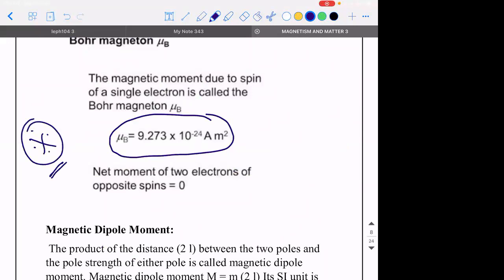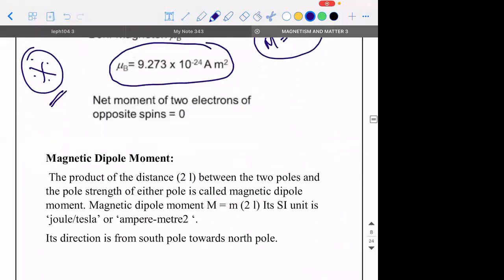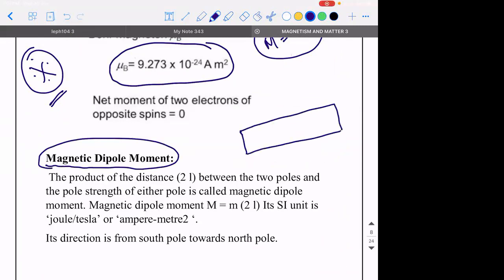Till now, whatever I discussed is the magnetic dipole moment in terms of current. I just want to give you one last point before we wind up. That is the magnetic dipole moment with respect to a permanent magnet. If I take a permanent magnet, it has a north pole and a south pole, right?